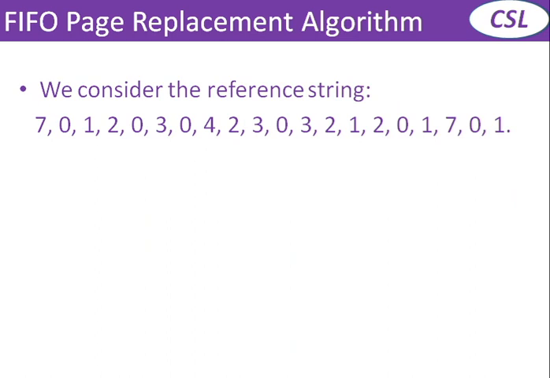Consider one example. Here we have a reference string. A reference string consists of the requests generated by the CPU. The numbers available here, 7, 0, 1, all of these are page numbers. These requests are generated by the CPU. By using the FIFO page replacement algorithm, we have to place these pages into the main memory, the physical memory.